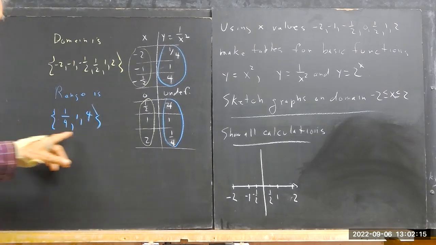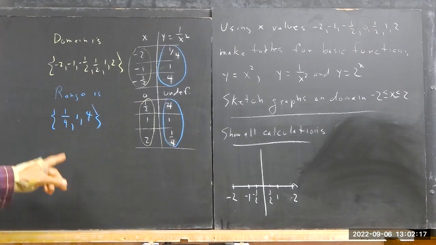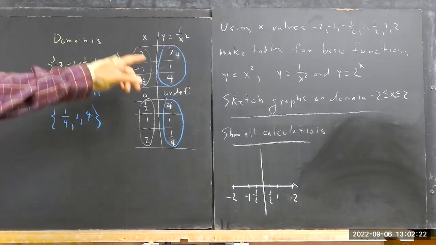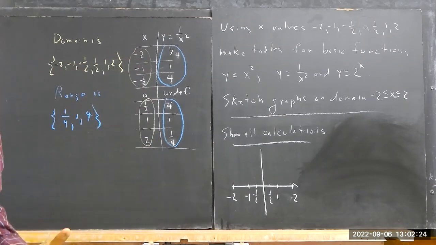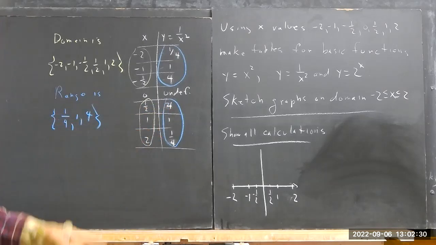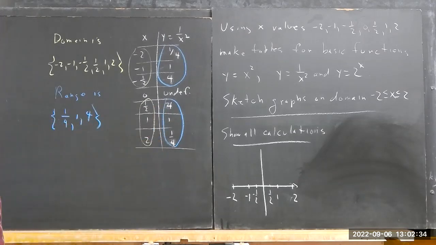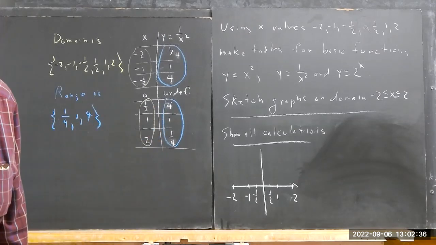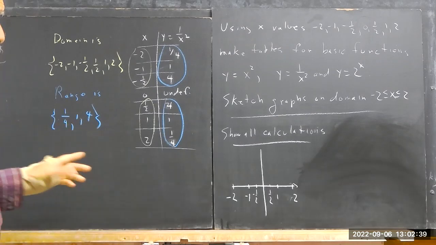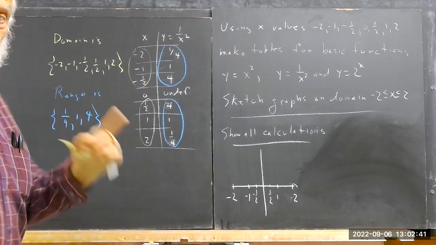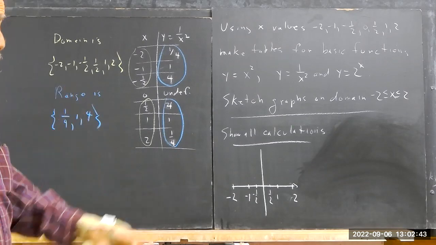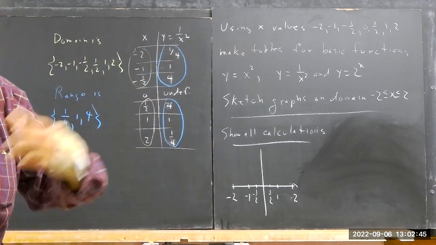Because this is a set. The elements of the set are 1, 4, 1, 4, and that doesn't change just because all those numbers occur twice. In other words, the question is, is 4 a member of this set? You don't need to have 2 4s here to decide whether 4 is a member of the set. So that's why we only list any member of the set once, even though it occurs twice in our table and occurs twice in our graph.